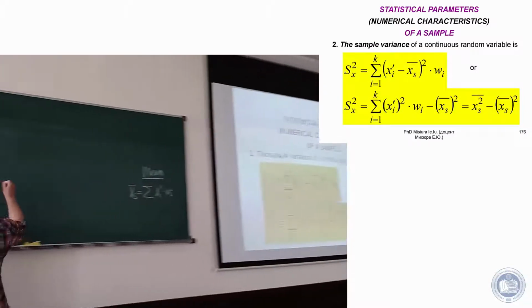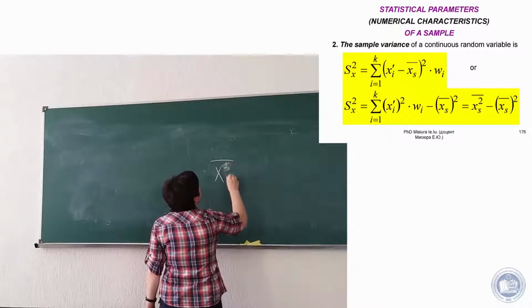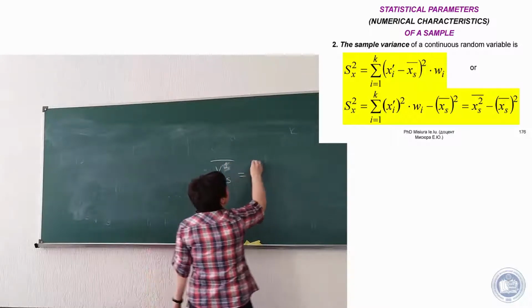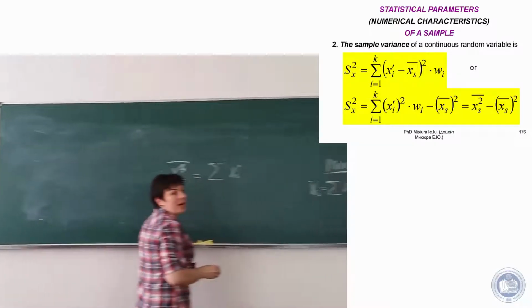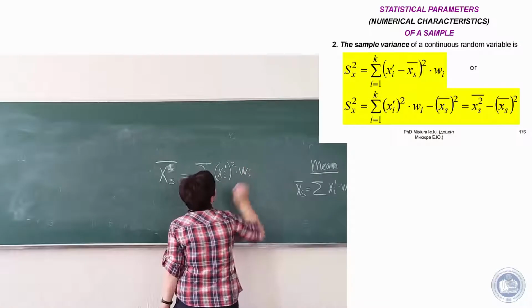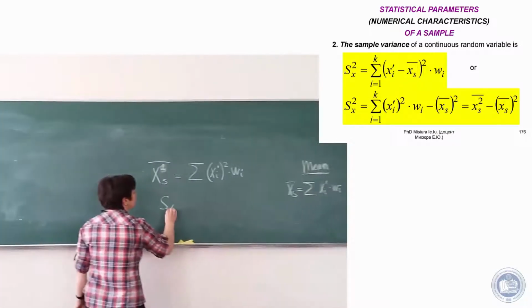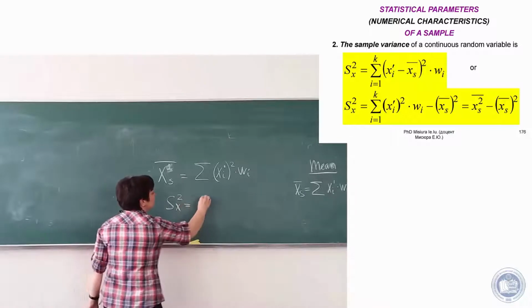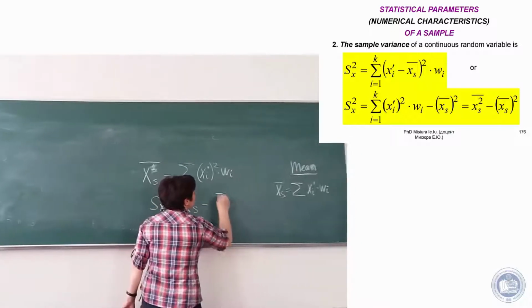We have the mean of x squared. It means you need to find xi prime all squared times wi. If you know mean of x squared, you can find variance. Variance equals mean of x squared minus mean of x all squared.